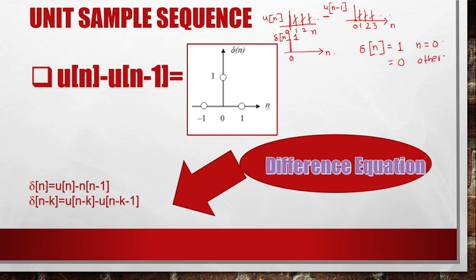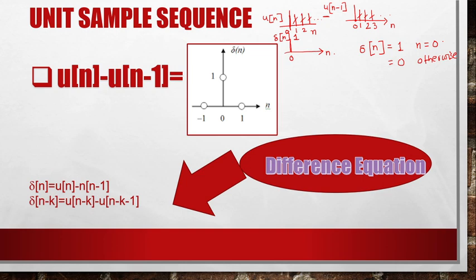It matches the definition of the unit impulse function, right? So we get u[n] minus u[n-1], and we are getting delta[n]. In this way we can represent delta[n].